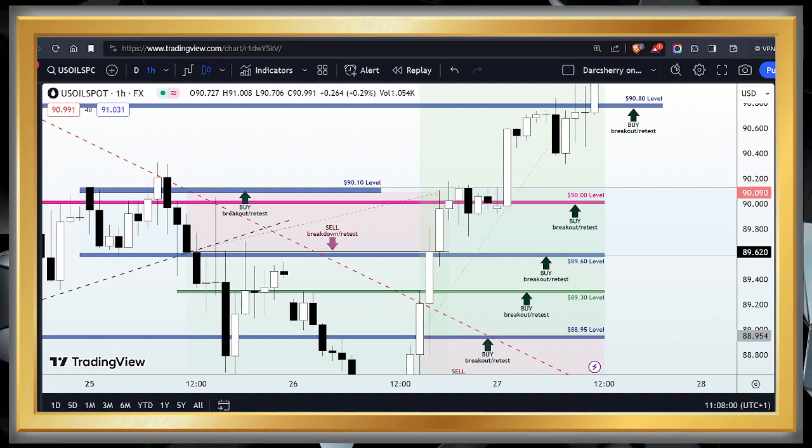So far this week, we have been monitoring the XAUUSD, which is popularly known as the gold spot, and the USOILSPOT. I do hope I will be able to include the USDJPY, as it has been doing pretty well for me and my team here, but let's see how things will go today.